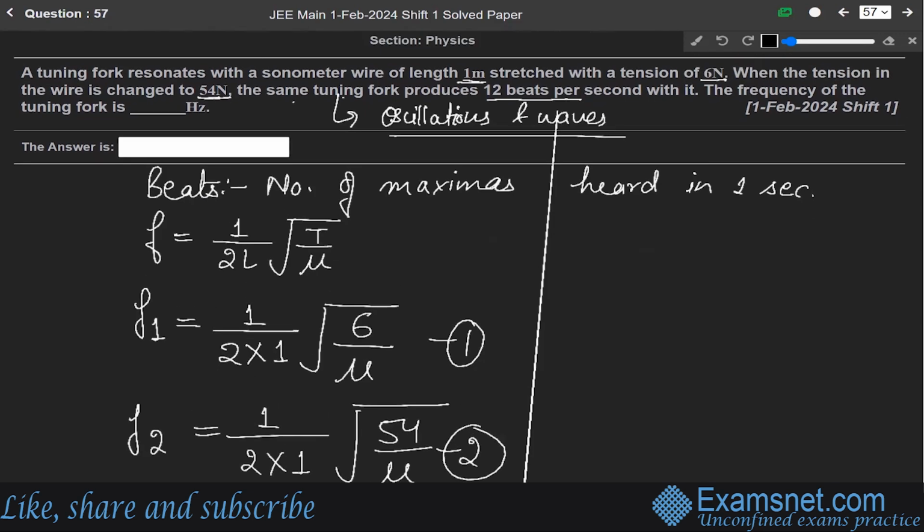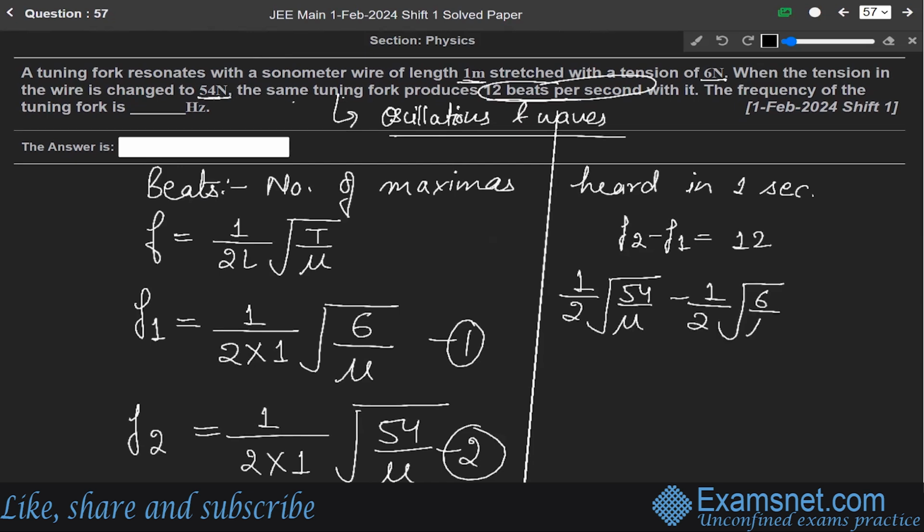Now, according to the question, there are 12 beats per second, means f2 minus f1 equals 12. So solving it, we get 1 over 2 under root 54 over mu minus 1 over 2 under root 6 over mu is equal to 12.